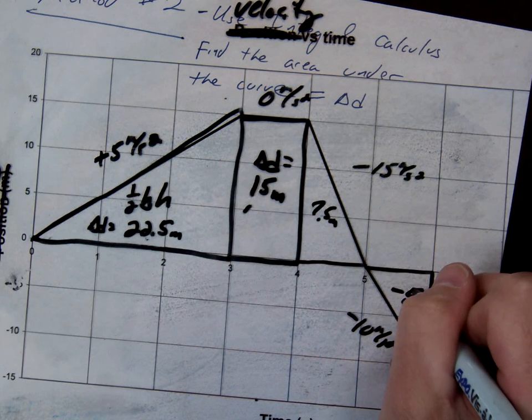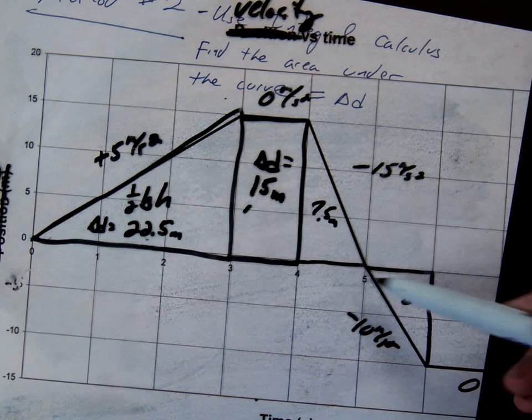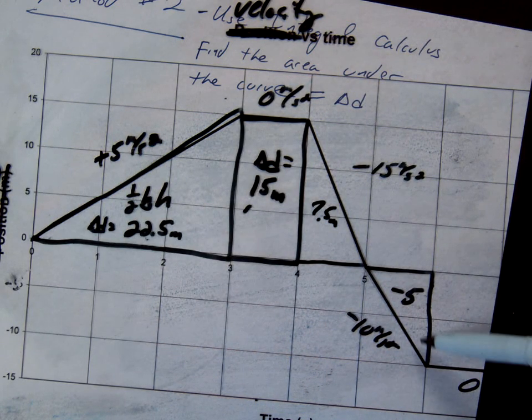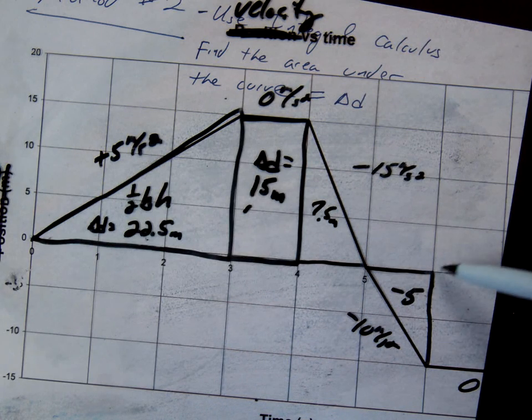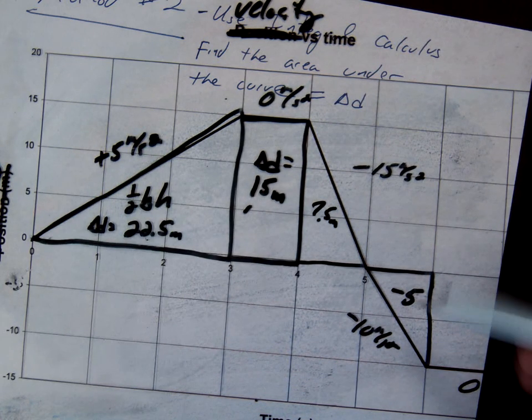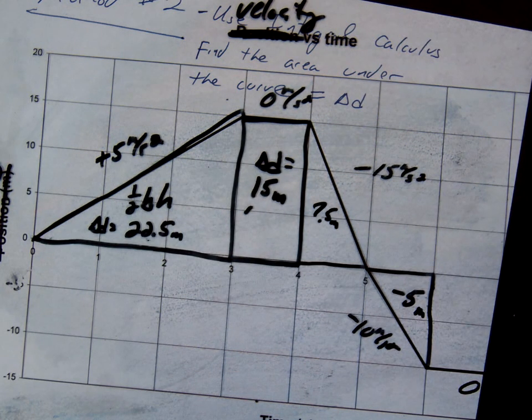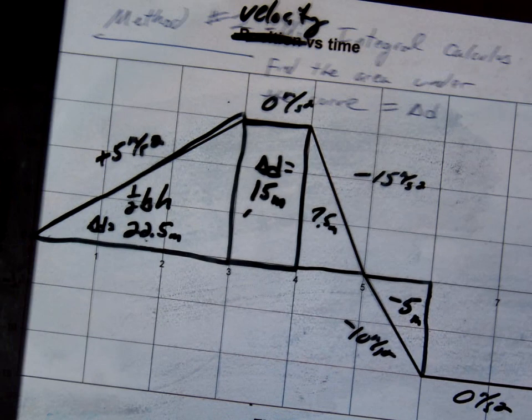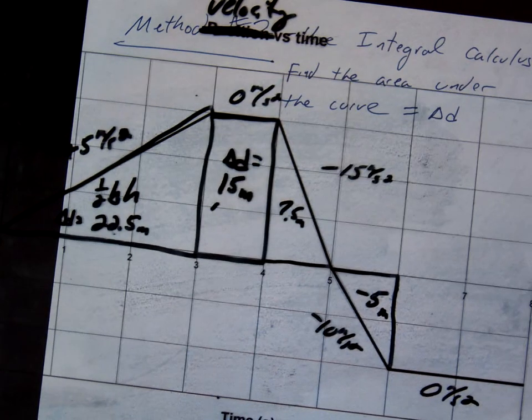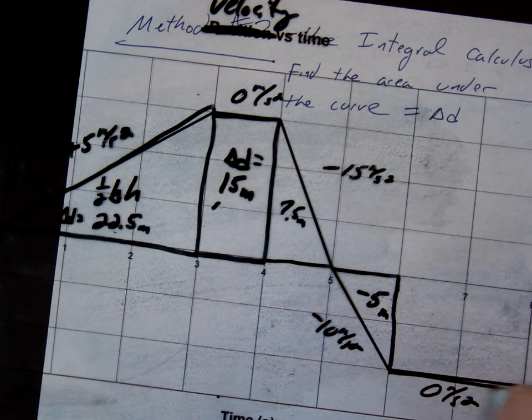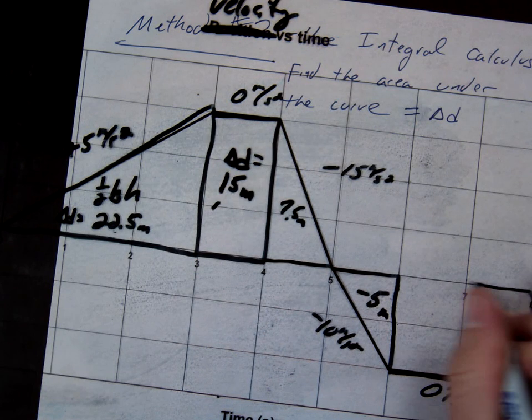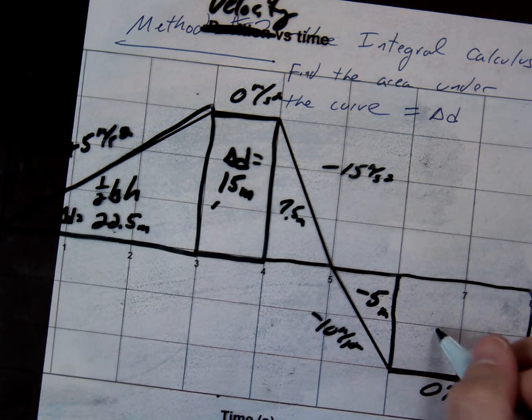Just remember, whenever your area is in the negative axis, you're finding the area above the curve, you're going to have a negative here. So it's negative 5. Okay, and then the last one is the area of this, which is negative 20.